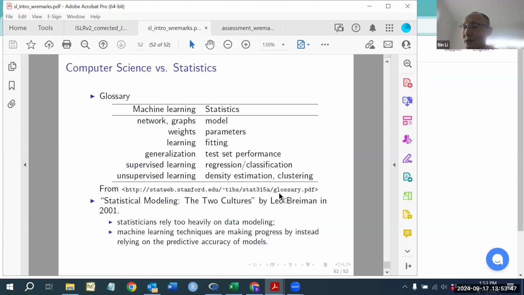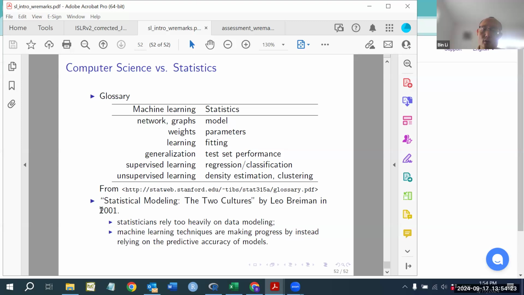Although this paper was published quite long ago, it can still give us lots of different perspectives to see the difference between traditional statistics and machine learning. And as statisticians, why we need to learn those algorithms that were developed in the computer science area.